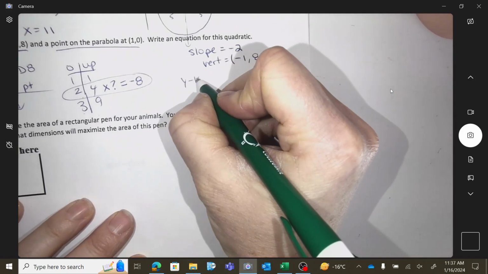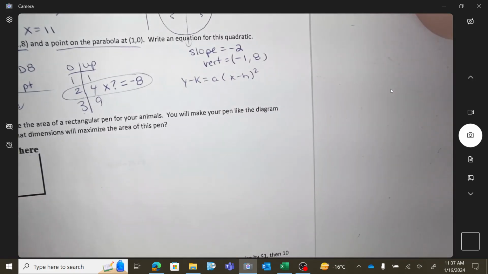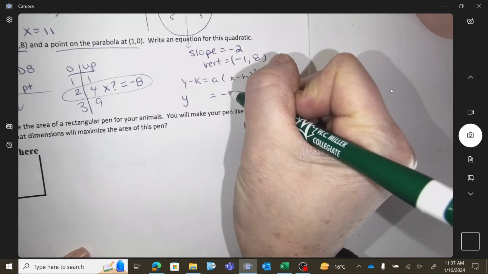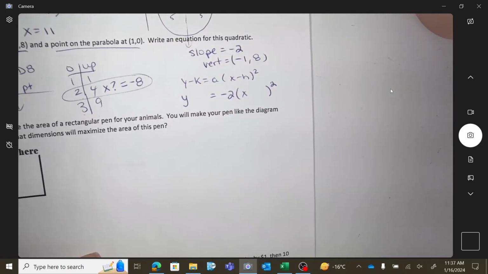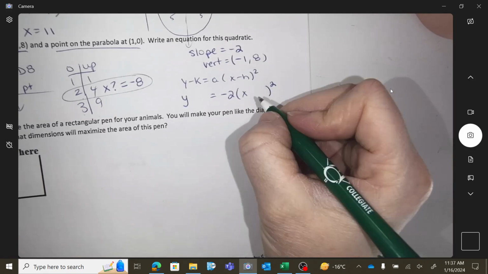I need you now to write an equation. And you're going to use this form because this form puts in your vertex coordinate and your slope. So you need to plug your point in for the h and the k. Not specifically the point, but the vertex coordinate.